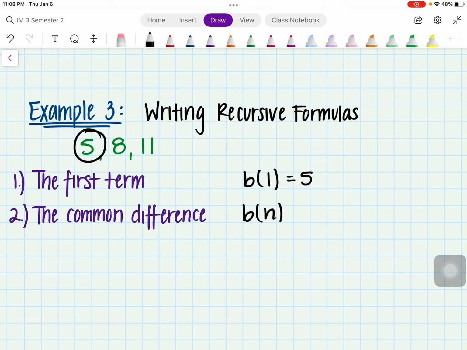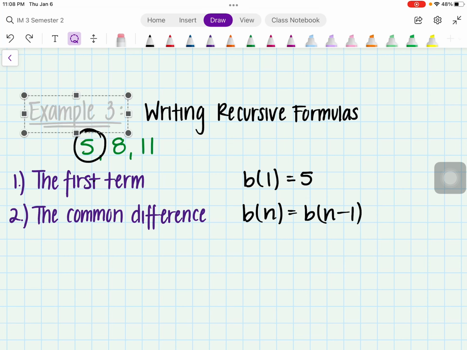Now I'm going to go ahead and write the common difference, which is b of n equals b of n minus 1. And in this case, guys, how am I going from 5 to 8 to 11? By how much it's changing? So from one point, let's do a different color.